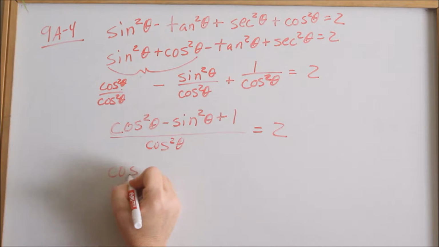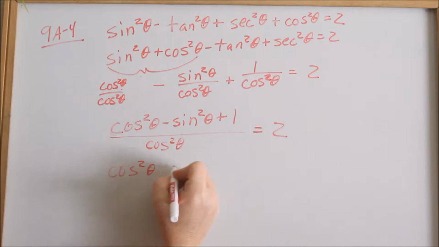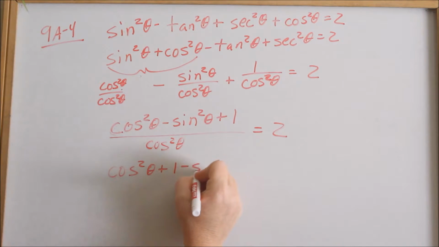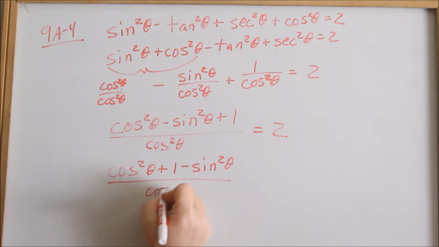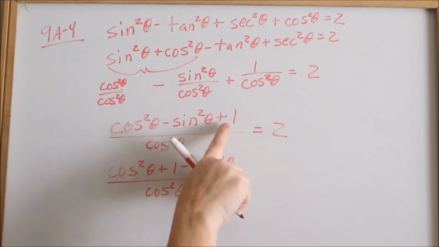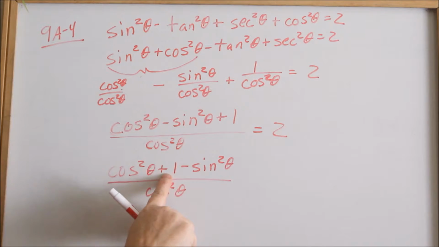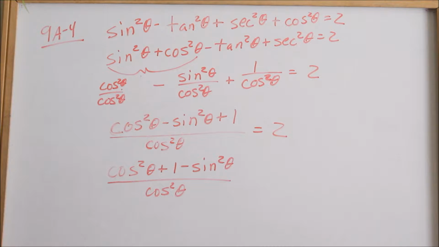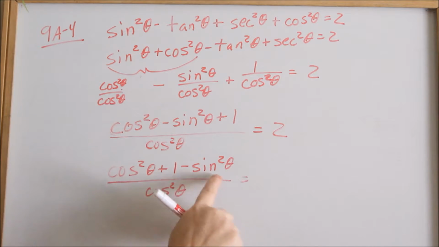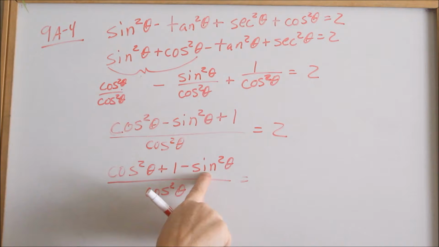If I had cosine squared theta plus 1 minus sine squared theta, just so you can see this, all I did was rearrange this. I still have a positive 1 there and a negative sign there. What is 1 minus sine squared theta? If you look on your formula sheet, it is one of the forms of the Pythagorean theorem. So 1 minus sine squared theta can be replaced with cosine squared.